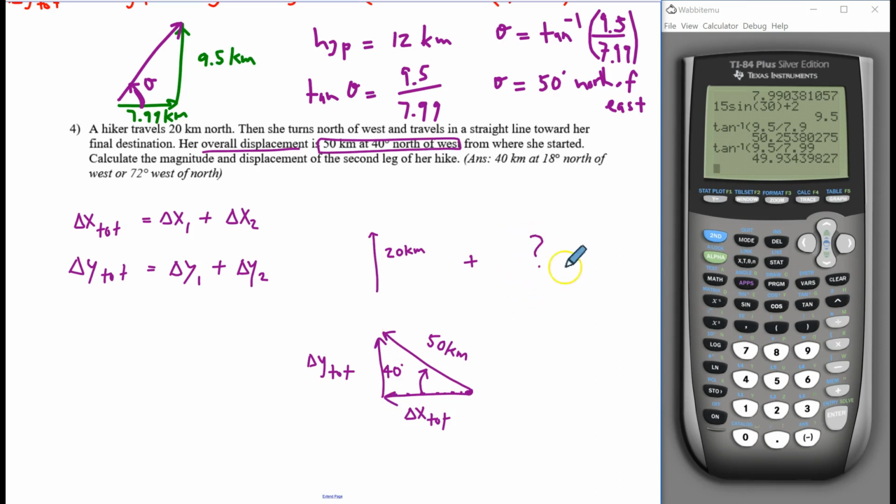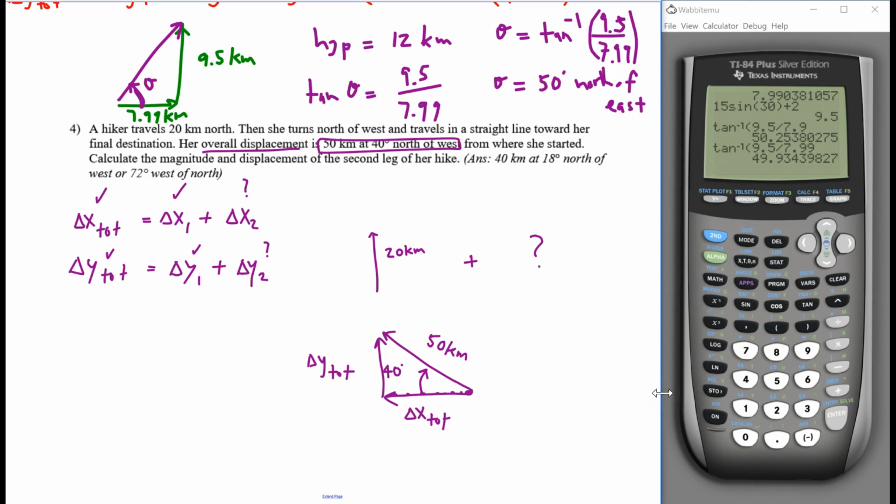The other part will come from this vector. So we know this, and we know this. When we look at the total x, which we know, part of it will come from, well, there is nothing on the x-axis. That's just 0. So all of this delta x total has to come from delta x2, the second displacement.